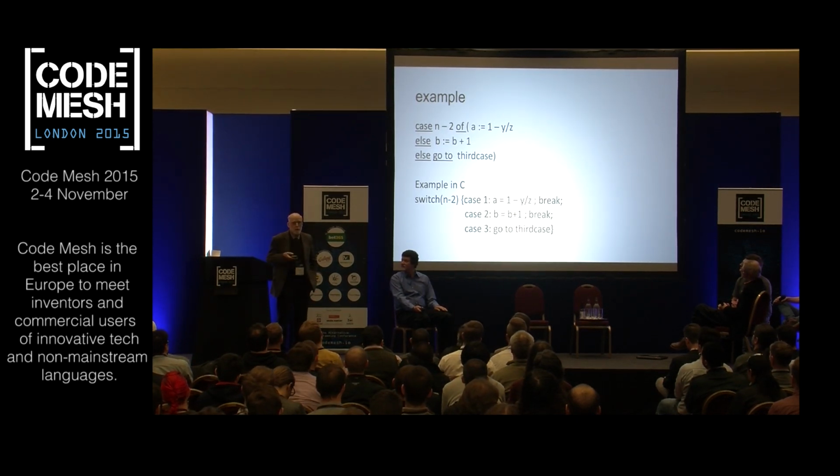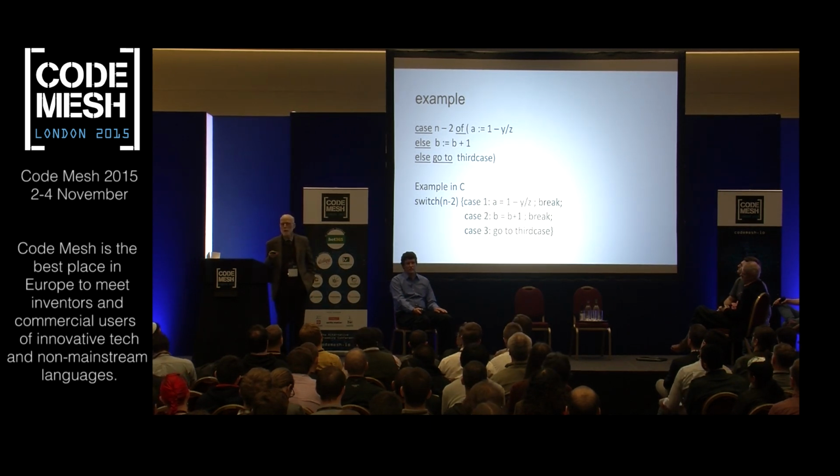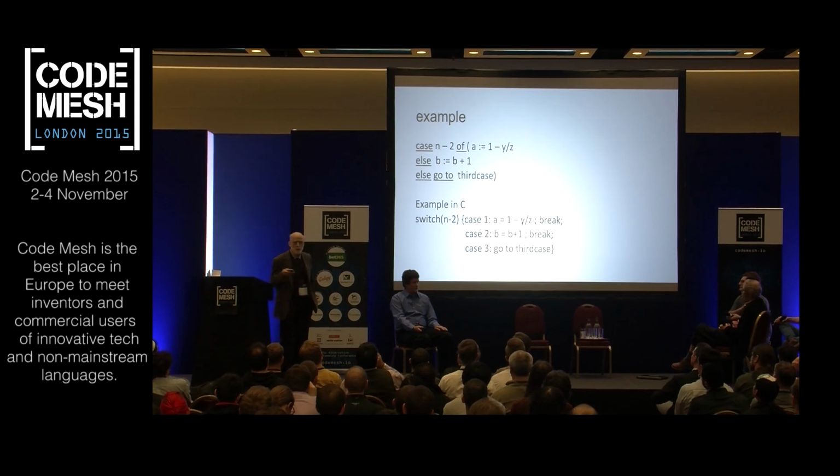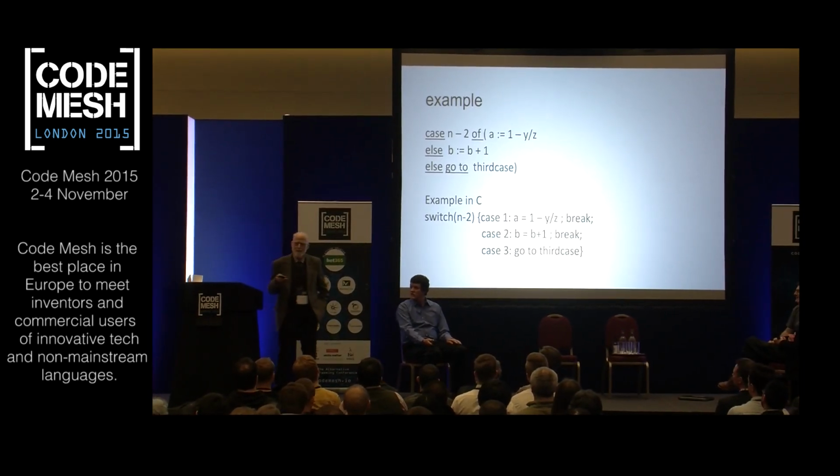And this is implemented by a little jump table and an index jump in the same way as it is in many languages. In order to explain this to you more clearly, I've recoded this example in the C programming language, or what I was told at least was the C programming language, because I don't know C either.